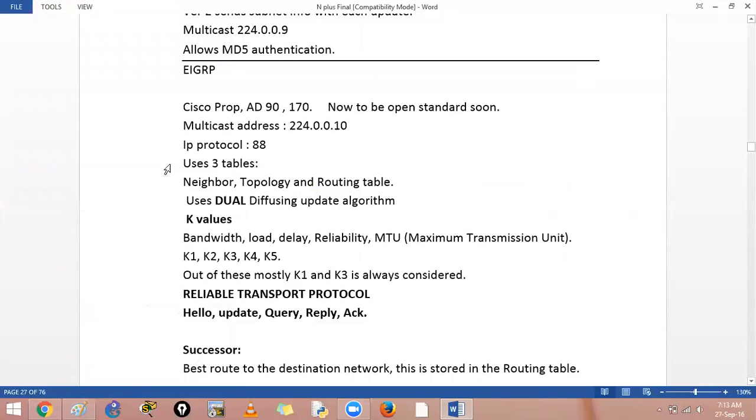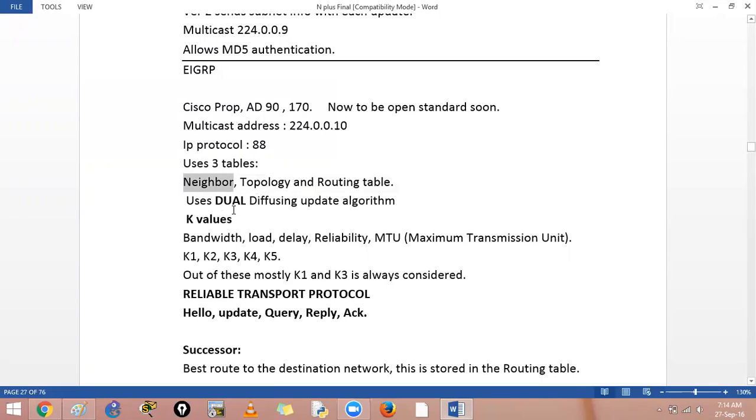EIGRP uses 3 tables. OSPF had a topology table, on which it ran an algorithm called the shortest path first algorithm, written by Dijkstra. But this protocol keeps 3 tables. RIP used to keep the whole routing table of the neighbor, right? This does the same. It keeps the topology of the neighbor.